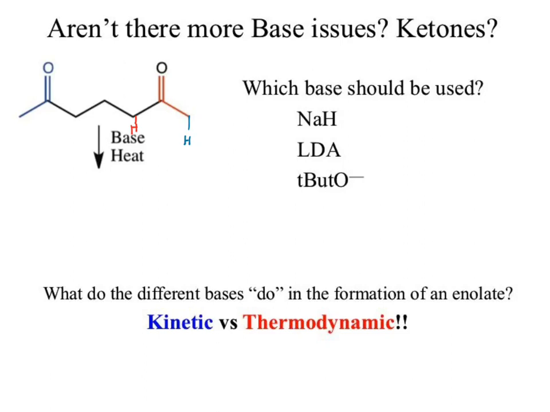Well, are those alpha hydrogens different, red versus blue? Yeah. One is terminal and one is internal, and that's relevant because our enolate becomes kinetic versus thermodynamic. How do we control the kinetic or thermodynamic enolate?